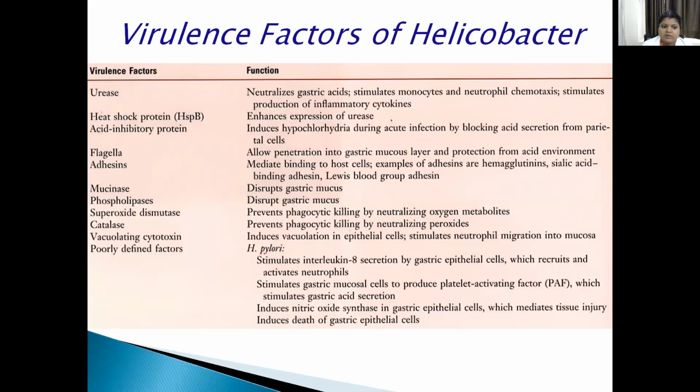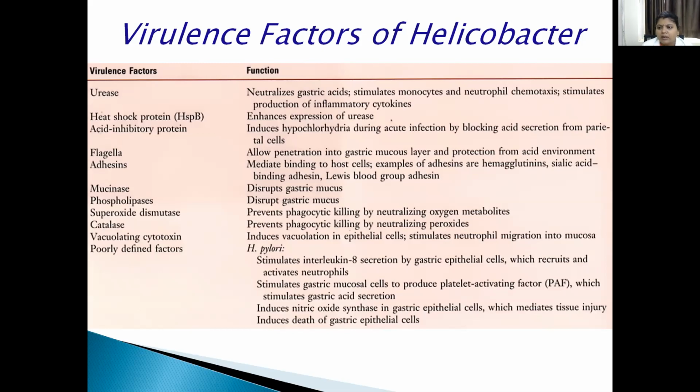Enzymes like mucinase and phospholipase disrupt the gastric mucus layer. Superoxide dismutase and catalase prevent phagocytic killing, and dissemination can sometimes be seen, though very rarely.